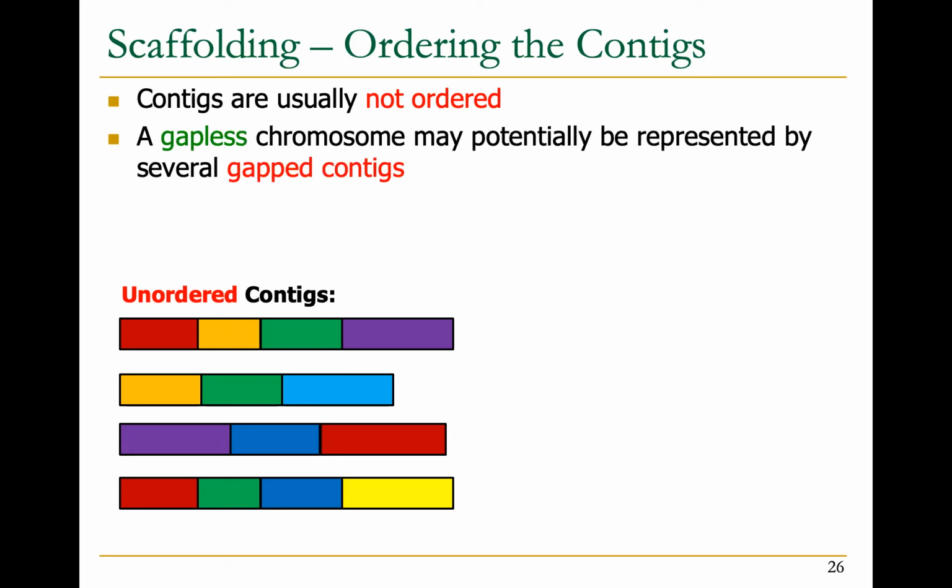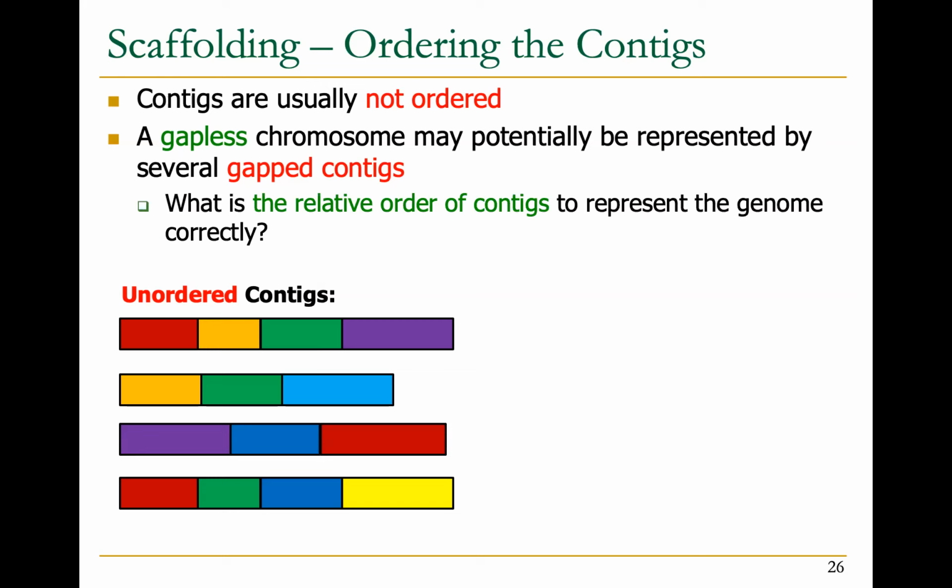What we want is a gapless chromosome, and we know that a gapless chromosome may potentially be represented by several gapped contigs, right? Because we don't know the order between them. The question is, what is the relative order of contigs to represent the genome or the chromosome correctly?